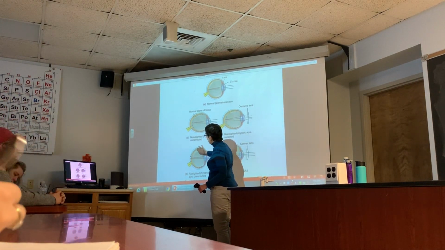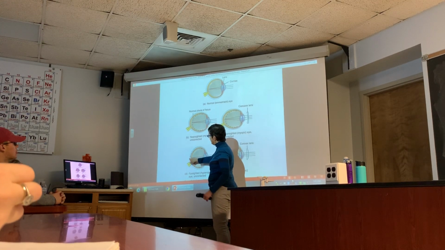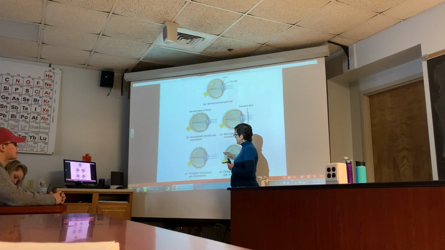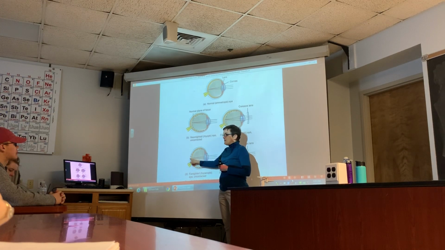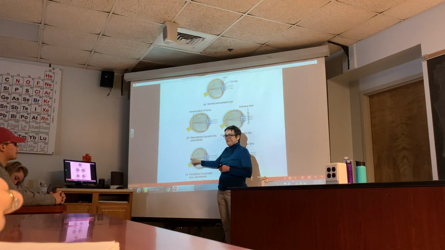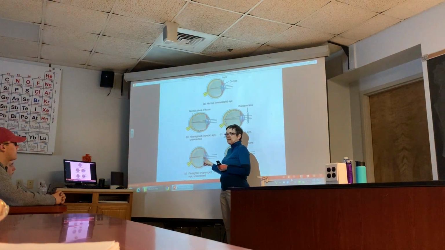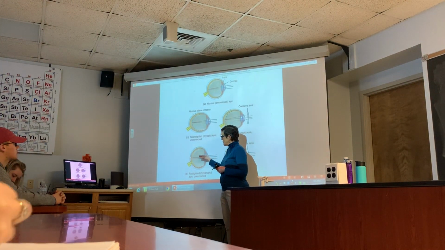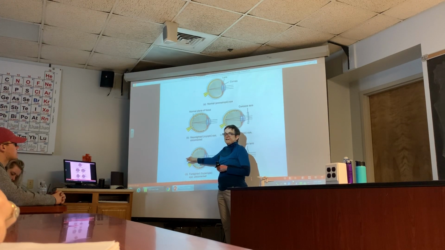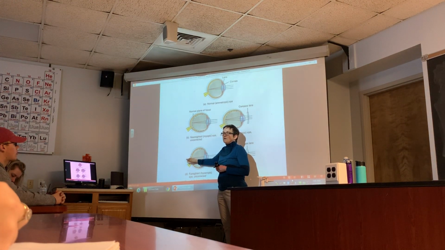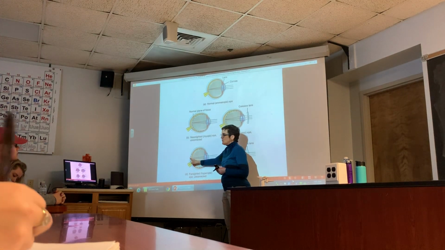You either have too short of an eyeball from front to back, so that when you're looking at something far away, it gets focused behind your eye instead of at that focal point. Or if you have a thinner than normal lens, that lens doesn't focus it enough, and it's being focused behind the eye, so to speak. That's just saying that's the focal point.